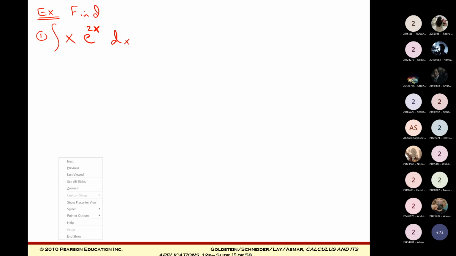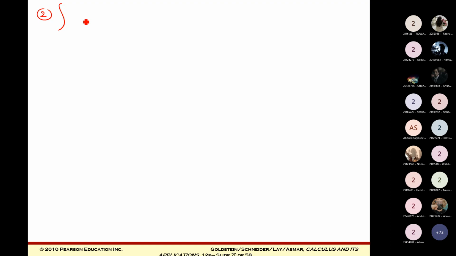Okay. Number 2, x square times e to the power negative x dx. The power of e equals 1, multiplied by x square.